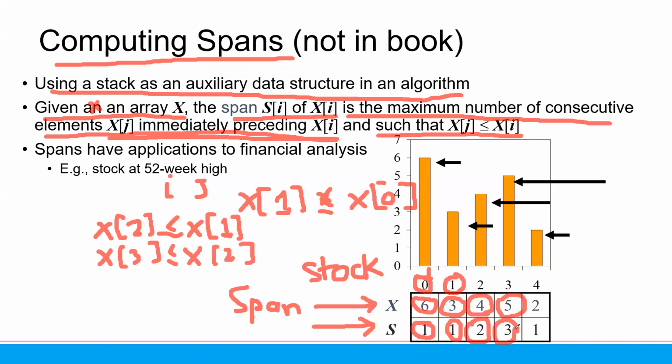So we will add with 1, giving 3. And then again, we will check X4 is less than X3. 2 is less than 5. Yes. Then it will return back to 1.